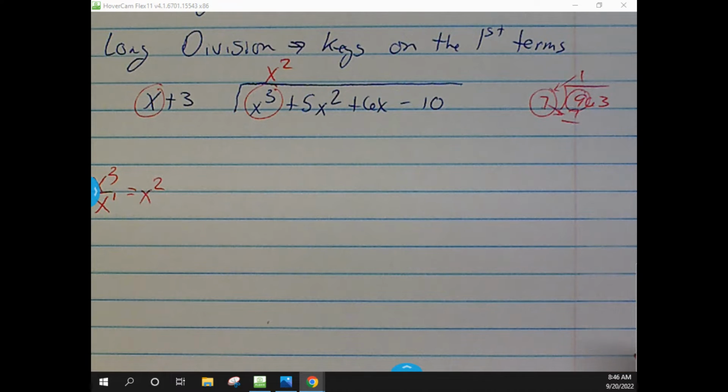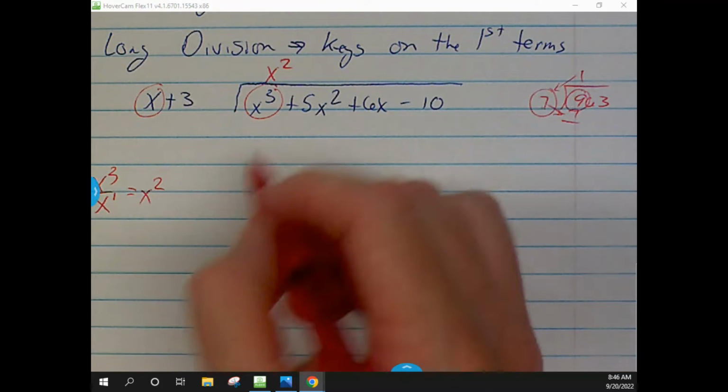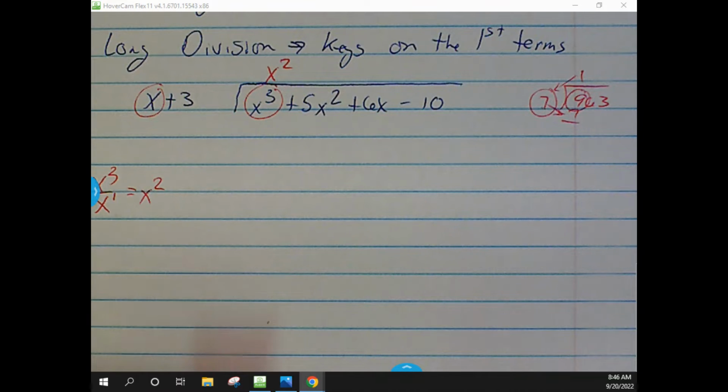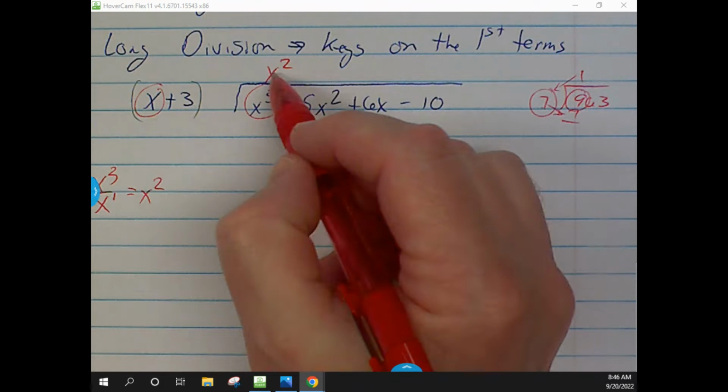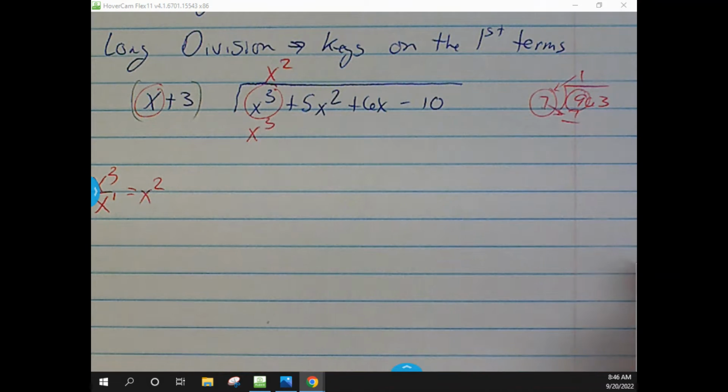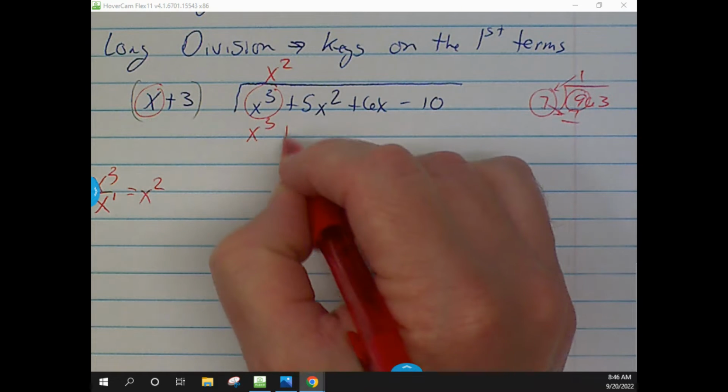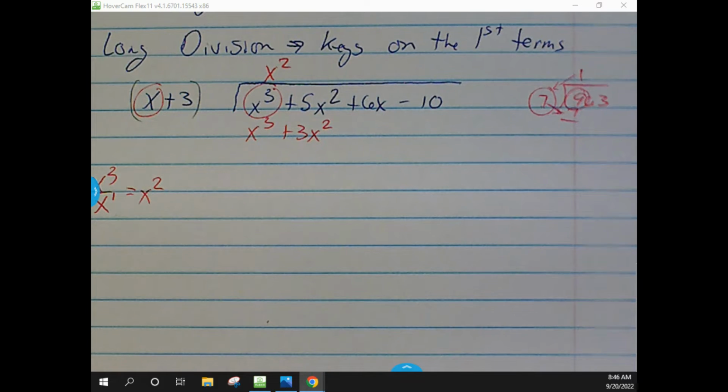You're going to do the same thing on this one, but remember that x squared multiplies this whole thing. So it's x squared times x, which would be x to the third, and then x squared times 3 would be 3x squared.